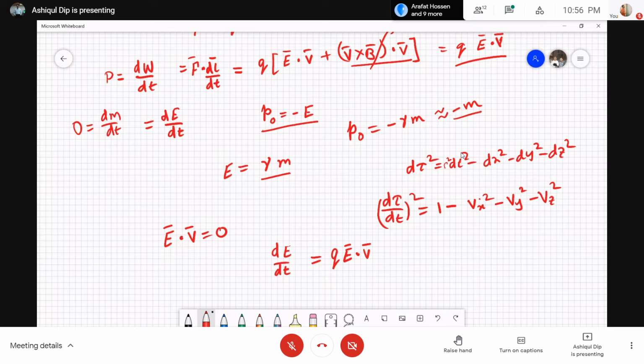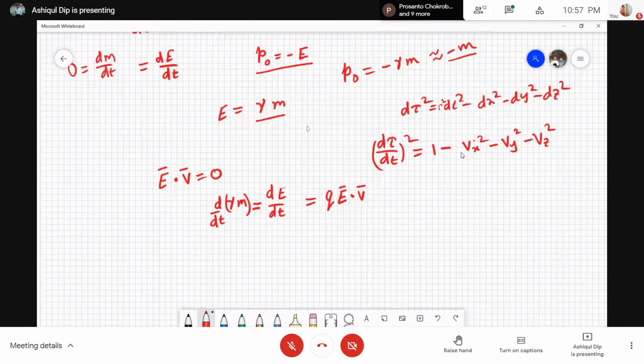And it has an energy of d/dt of gamma m, right? Equals gamma m. That's what we have used over there, considering c equals to 1.